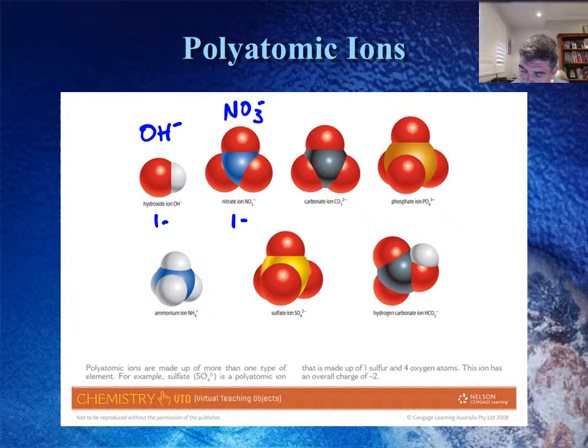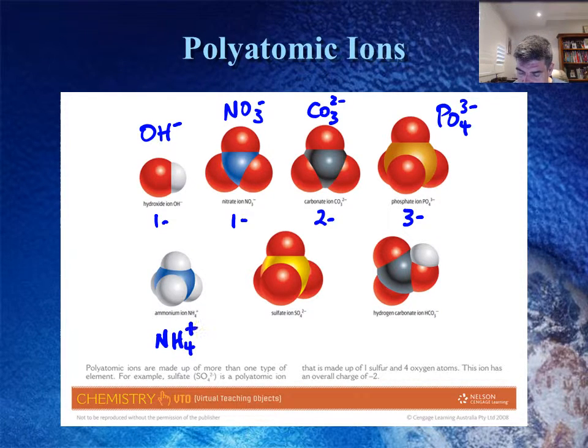The carbonate ion is made of 1 carbon and 3 oxygens, and it has a 2- charge. The phosphate ion is a PO4 with a 3- charge, and it's made up of 1 phosphorus and 4 oxygen atoms. The ammonium ion is one of the few exceptions to this rule in that ammonium actually has a positive charge.